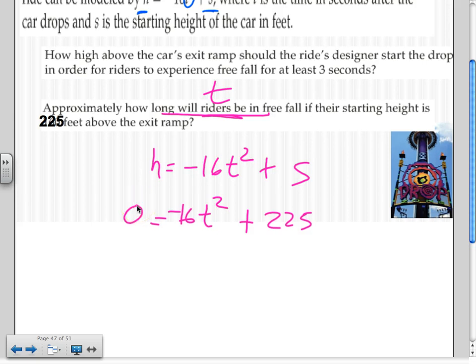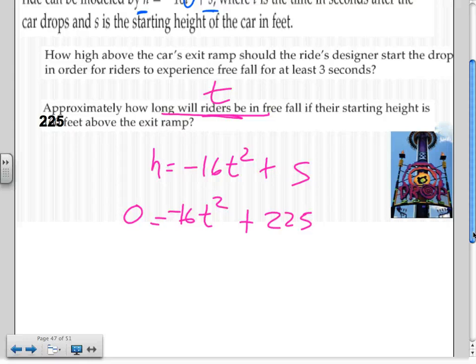We have this equation. How do we solve for t this time? Anyone remember what to do? Subtract 225 and then divide? Let's not do that at this point. What do you recognize 225 to be?